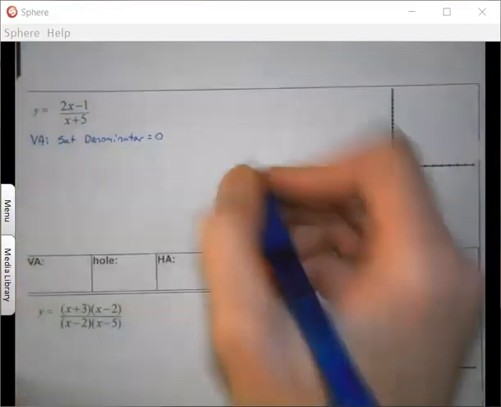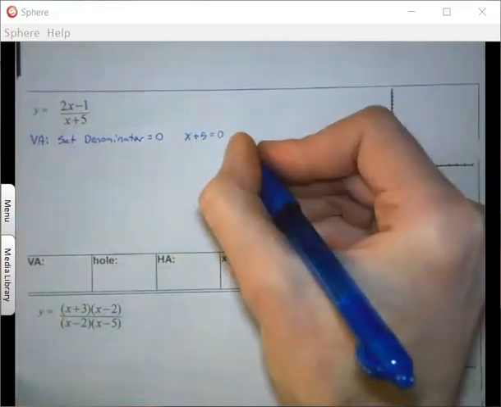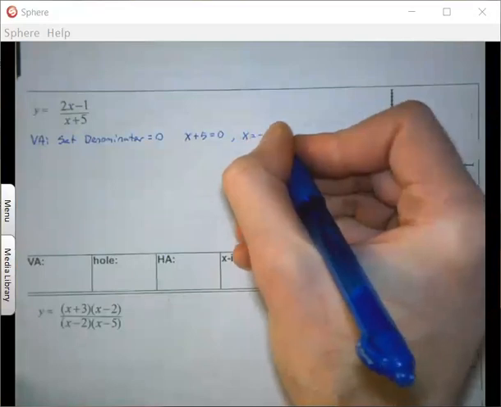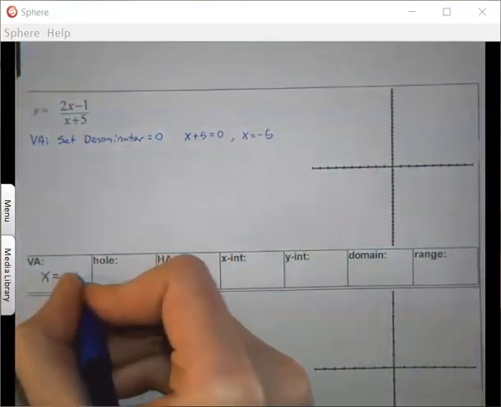So denominator is x plus 5. So I'm going to say, okay, when is x plus 5 equal to 0? When x is minus 5. So vertical asymptote at x equals negative 5.